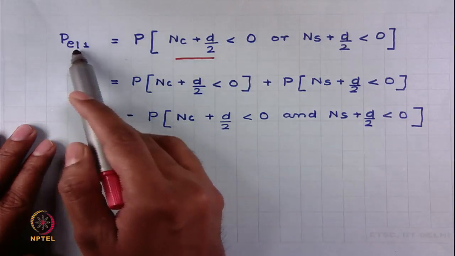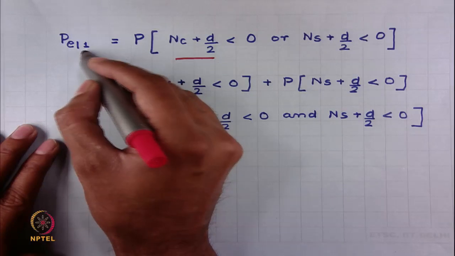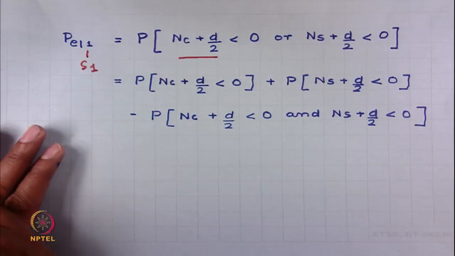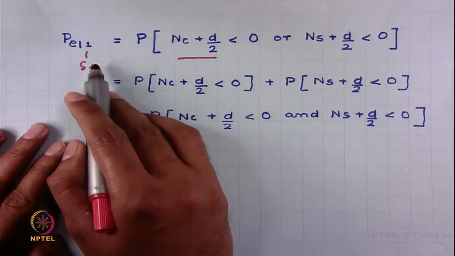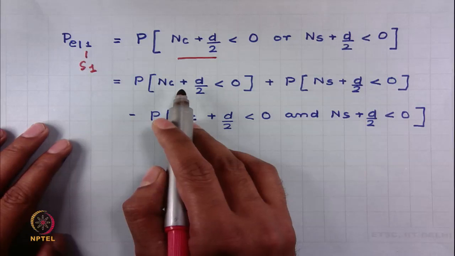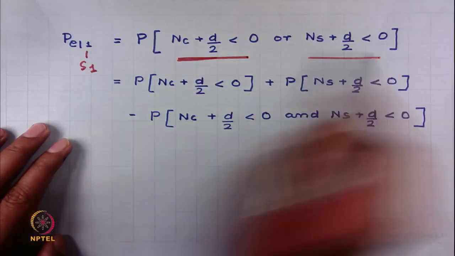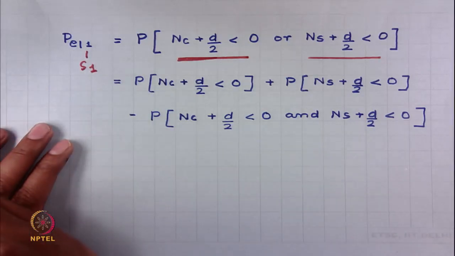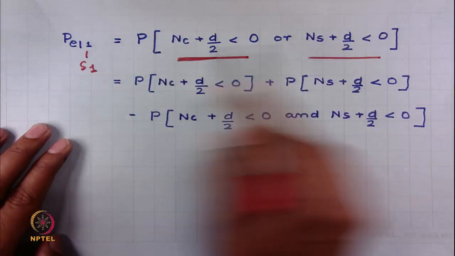So, probability of error given that we have transmitted signal S1: there will be an error when the received observation slips out of the first quadrant, and this will happen when this is true or this is true, and hence the probability of error given that we have transmitted S1 is simply obtained by calculating the probability of these two events.